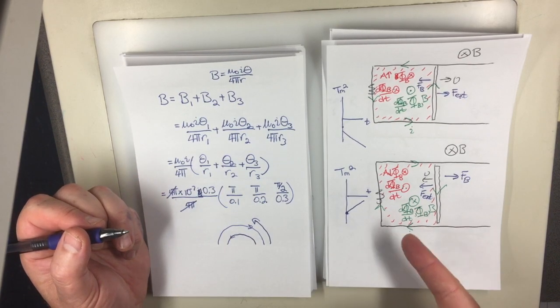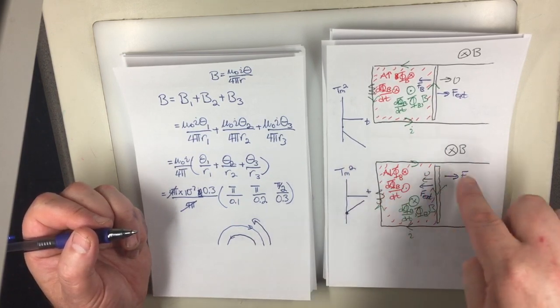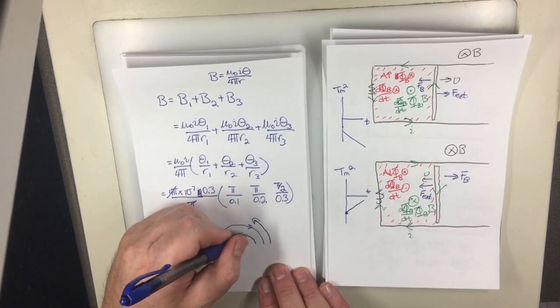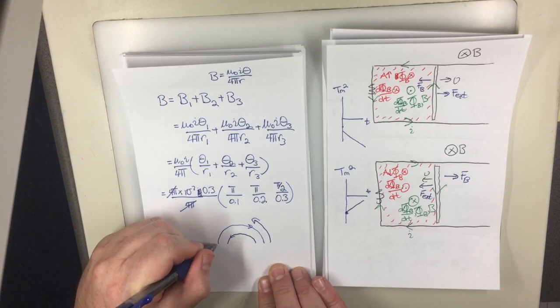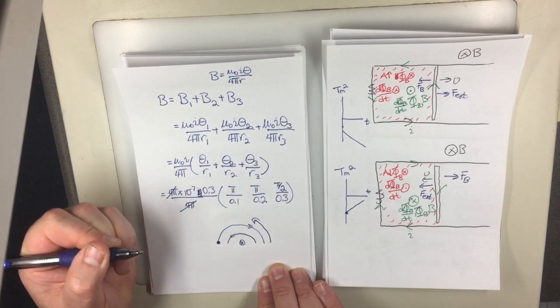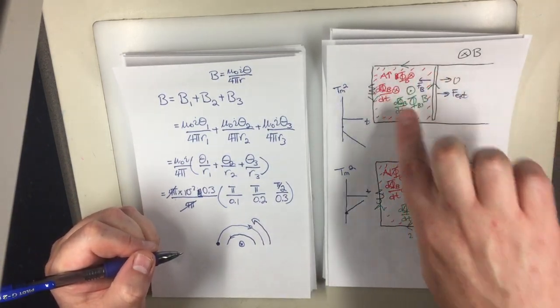What we could do is look at this and see how a current going clockwise will produce a B field that is going into the page. So the B field contribution from this wire is into the page. The other two, the currents go counterclockwise.